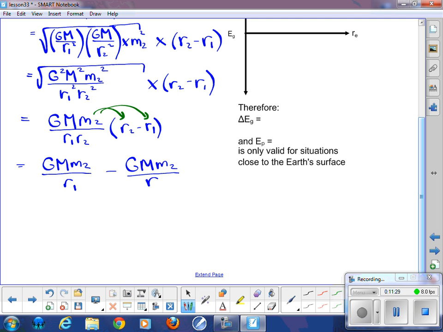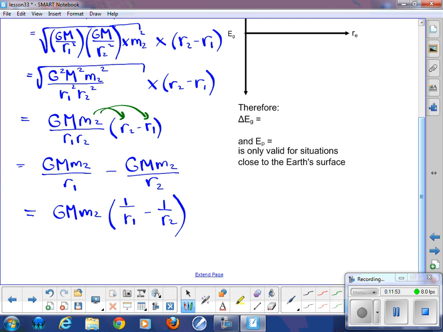Now the r1 would cancel, so we end up with an expression that looks like that. Taking out a common factor, we see that G is common, m2 is common, and what's left over is 1 over r1 minus 1 over r2.